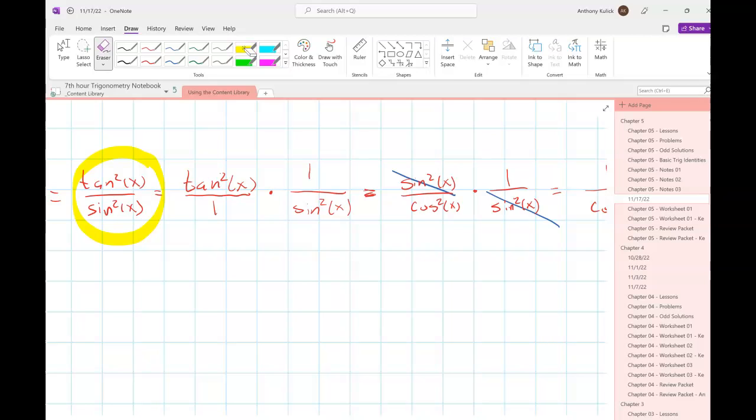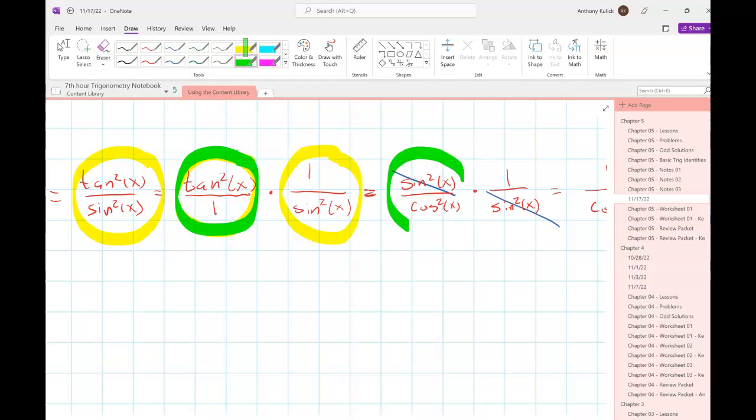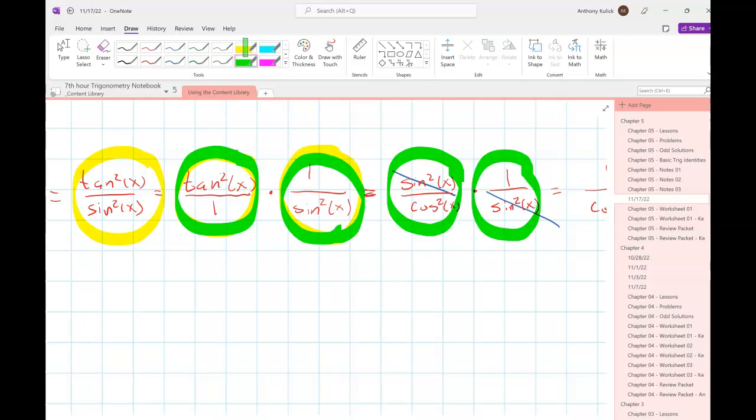I wrote that just as the numerator over 1 times 1 over the denominator, right? Then I said tangent squared is the same as sine squared over cosine squared. This thing is still just there. And then I canceled the sines. And then I'm at 1 over cosine squared. Does that feel okay?